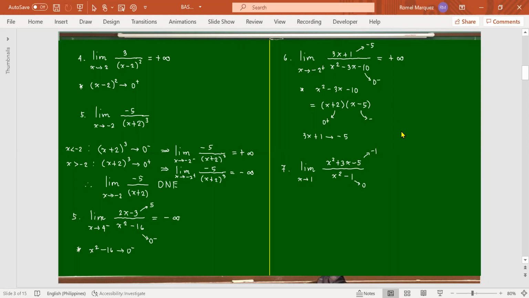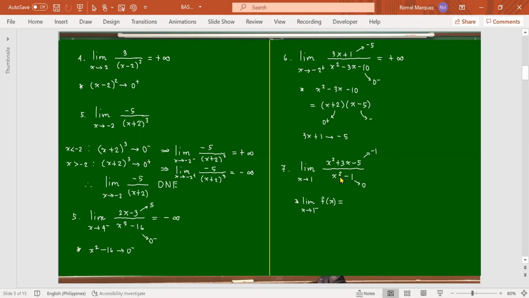So, the limit from the left, as x approaches 1 from the left. Let's say this quotient is f of x. What is the answer, guys, from the left? Where does the denominator go when approaching from the left?